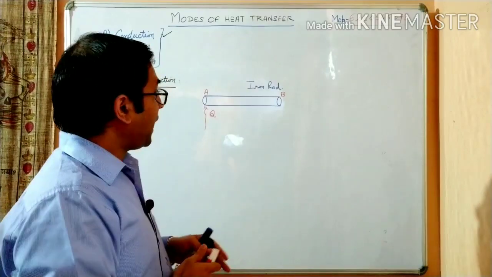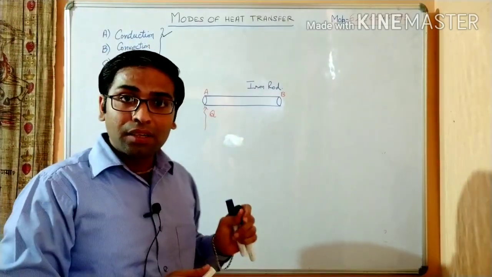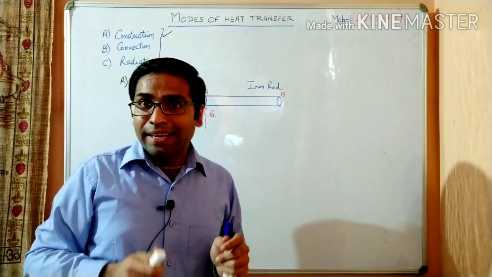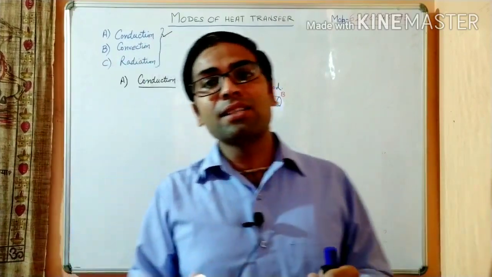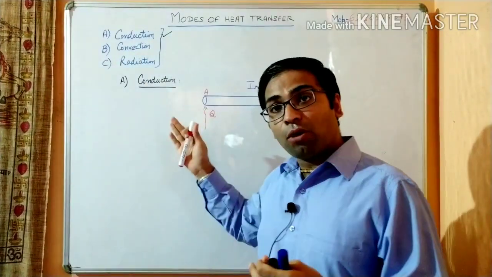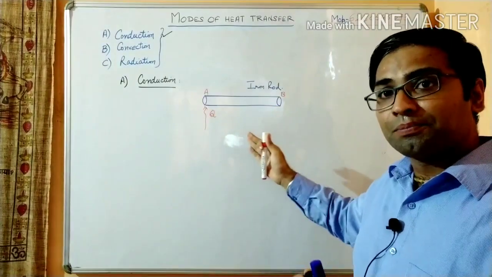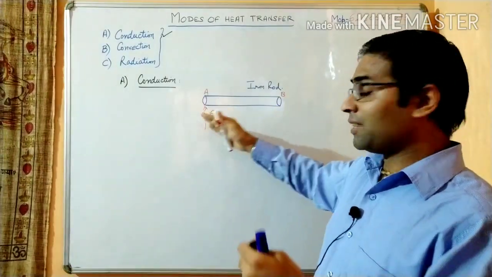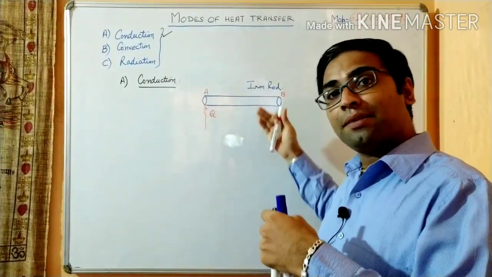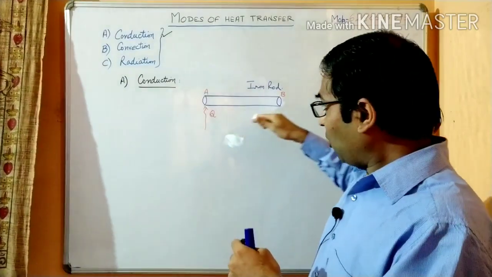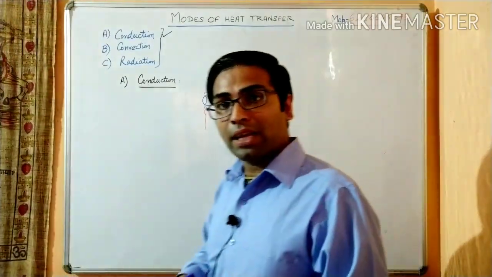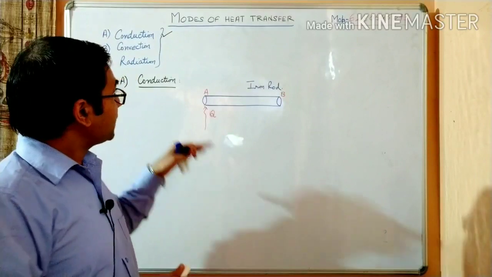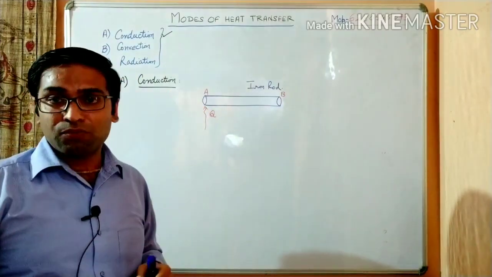But you had supplied heat to end A, not to end B. It means the heat has moved within the material from end A to end B. It has transferred within the material from end A to end B. This movement of heat within the body, within the solid, is basically the conduction mechanism of heat transfer.